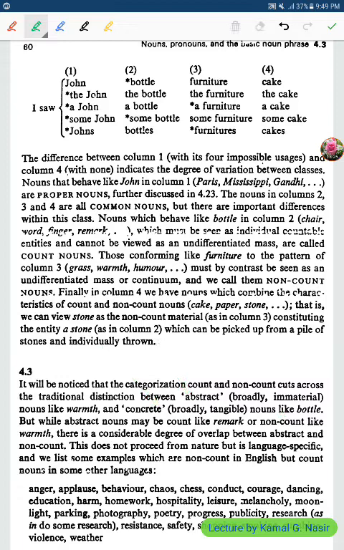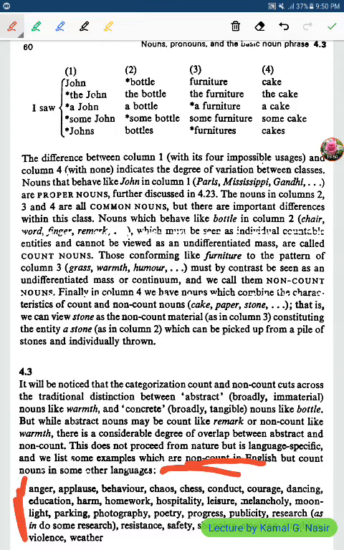Also, we have some nouns which are non-count in English forever. This is important. Some nouns are non-count always. These are the nouns which are non-count. For example, anger, applause, behavior.